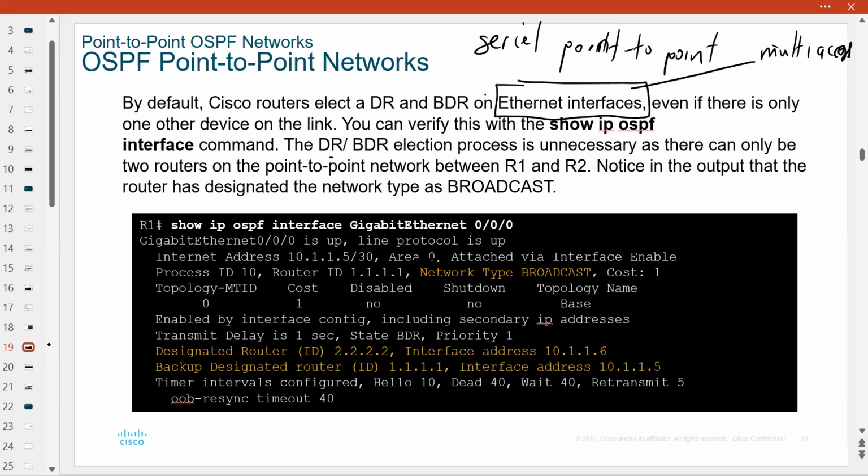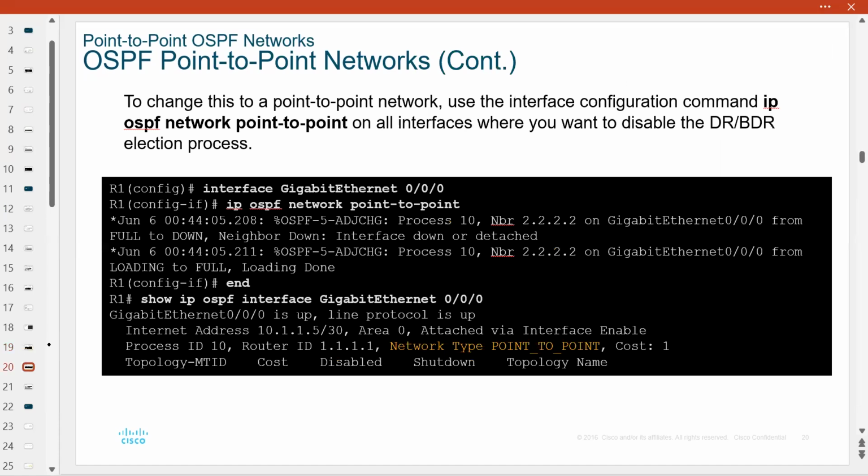Because it is a multi-access link. And that needs to be changed, because the network we have here is a point-to-point. And how do we change that? We use the OSPF network point-to-point command on all the interfaces where you want to disable the DR or BDR election process. Let me go back.